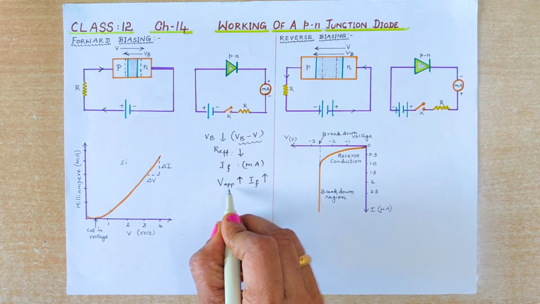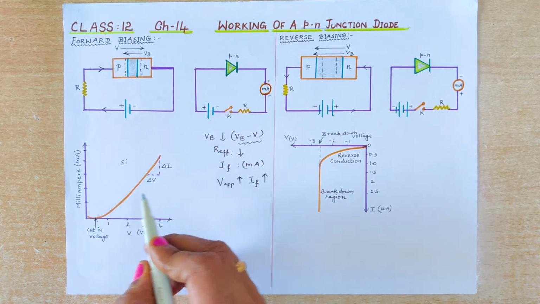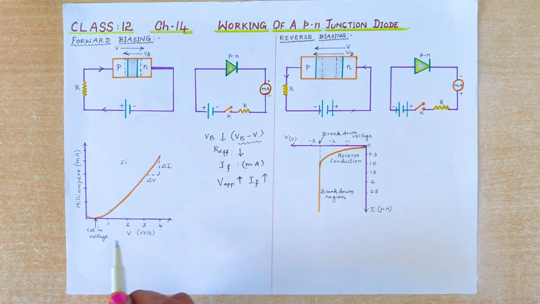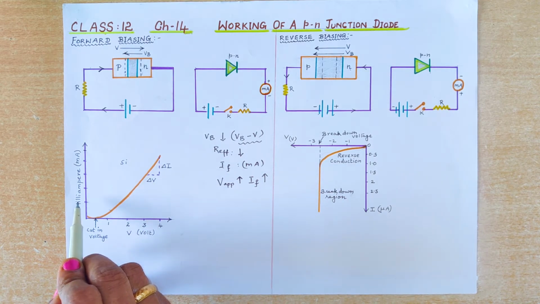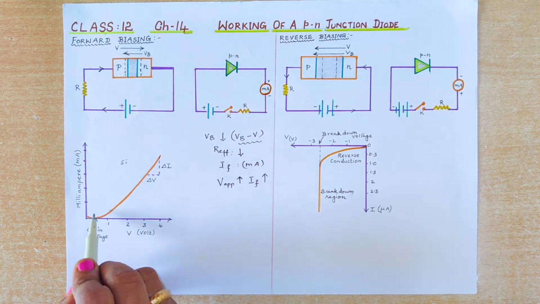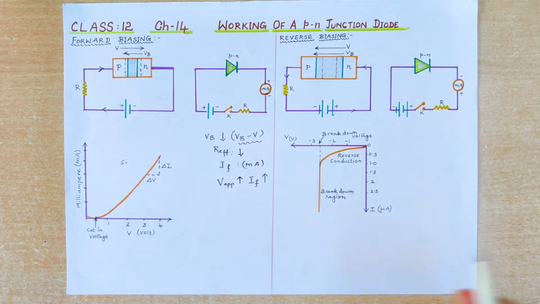This is drawn in a graph. Here voltage is taken, and here current is measured in milliampere. You can find there is a cut-in voltage, because after a certain voltage there is a flow of current in the positive way.